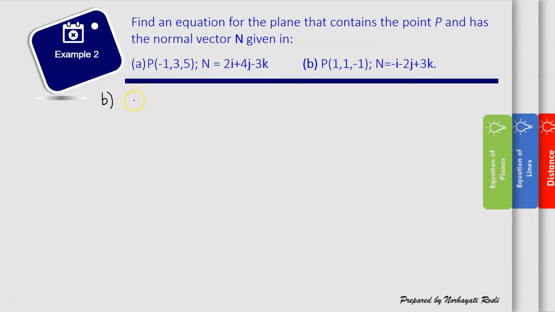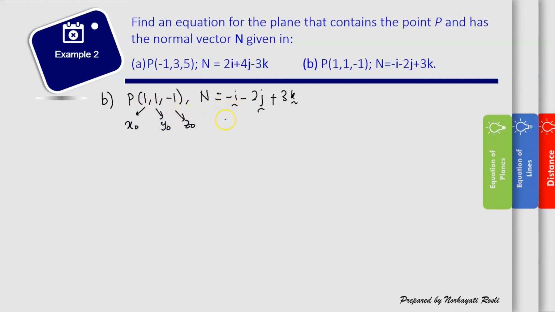We need to find the equation of the plane that contains the point P(1, 1, negative 1) and normal vector equal to negative i minus 2j plus 3k. In this case, x naught is 1, y naught is 1, and z naught is negative 1.